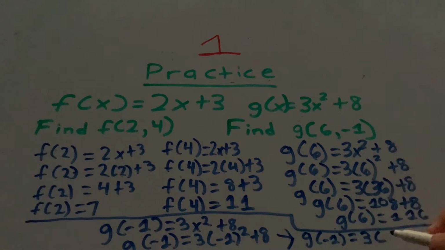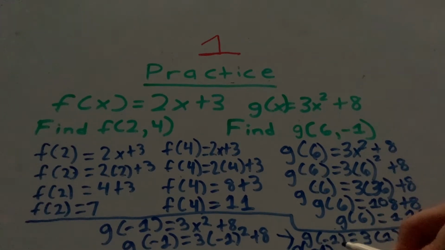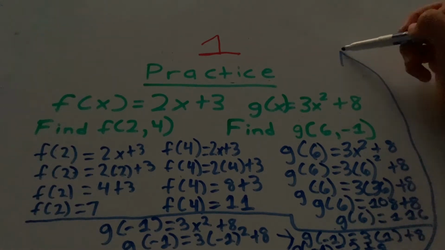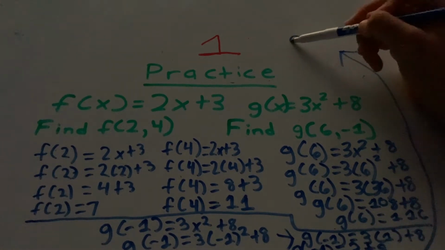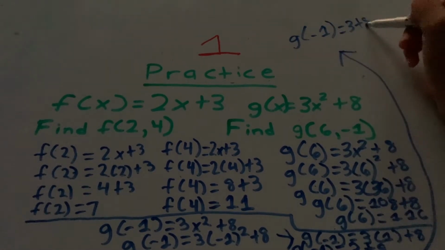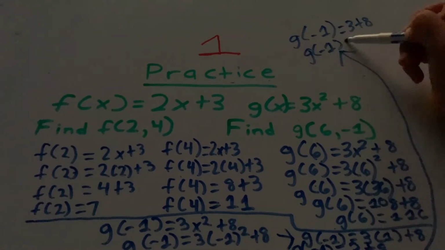Negative 1 squared would be 1, so it'll be g of negative 1 equals 3 plus 8. And then that will give us g of negative 1 equals 11.